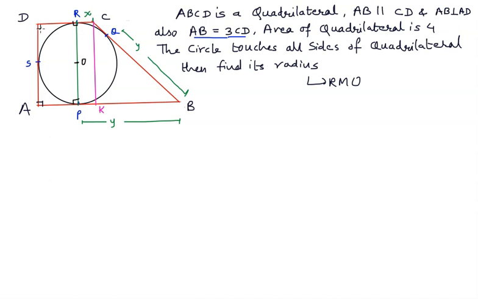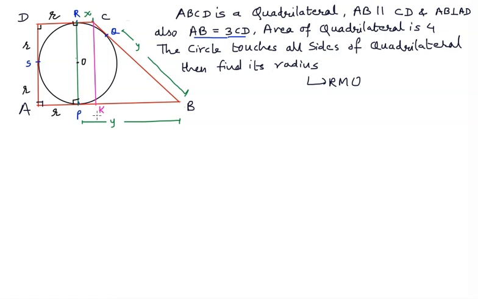And that means this is also a right angle, and that's why this is a rectangle. And that means RP passes through O. RP is a diameter, because DA should be equal to RP. This stems from the fact that if you join OS like this, this will also be perpendicular. And therefore all these lengths, DR is r, SD is r, AS is r, and AP is also r.